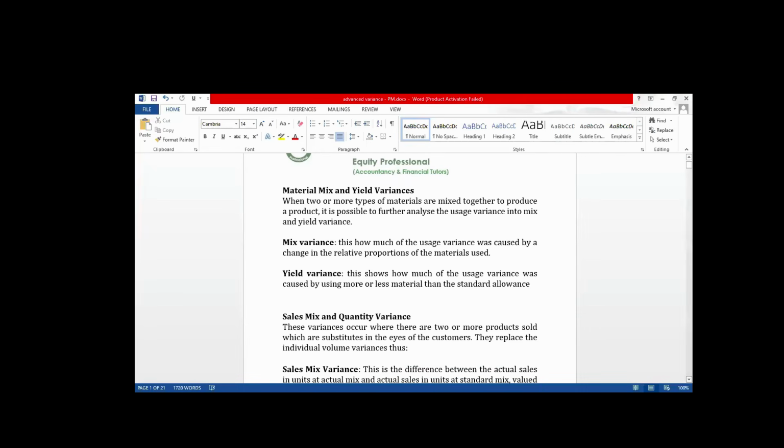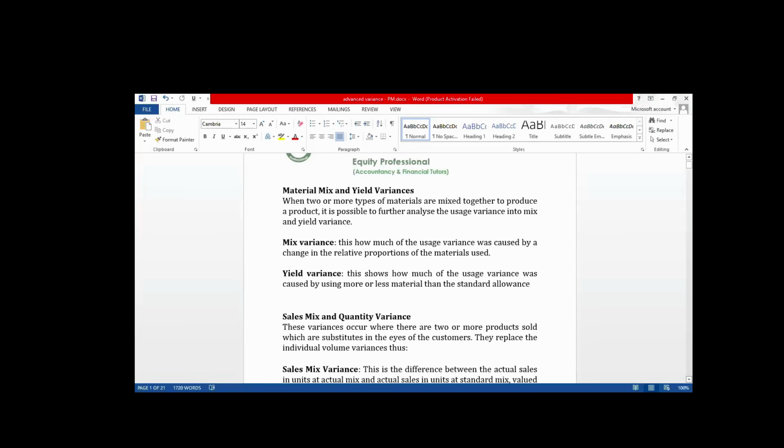When you say material mix and material yield variance, when 2 or more raw materials are used to produce a single product, where 2 or more raw materials are mixed together, it is possible to further subdivide material usage variance into material mix and material yield.